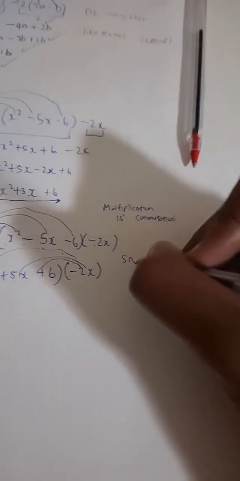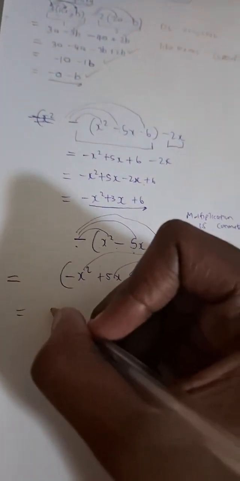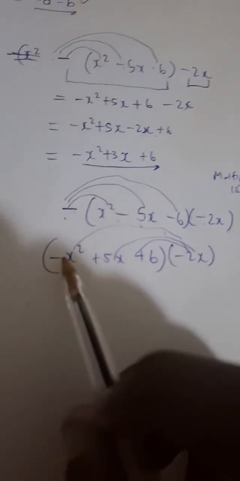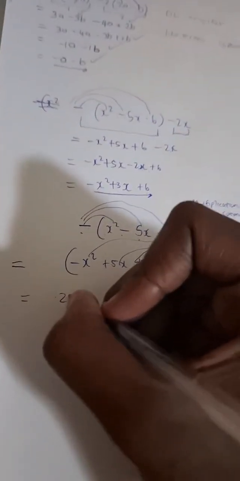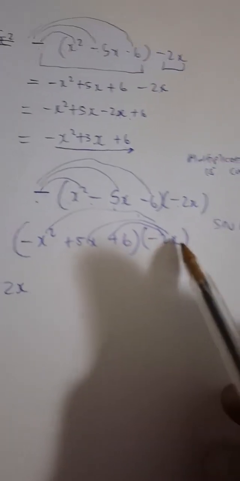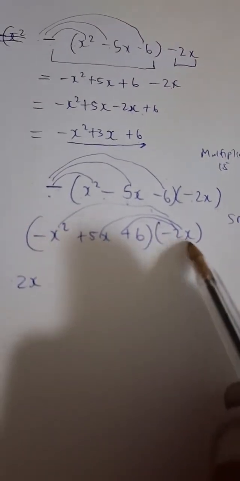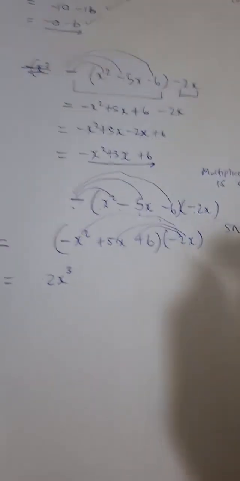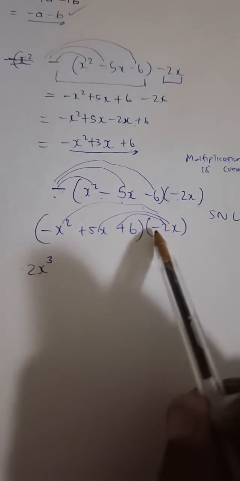And remember, sign, number, letter whenever we do that. So what's negative times a negative? That gives us a positive. And then what's 2 times the 1? That gives us 2x. 2x what? x to the power 2 times x. Bases are the same, so we keep the base, we add the exponent. We get 2x to the power 3. I repeat.